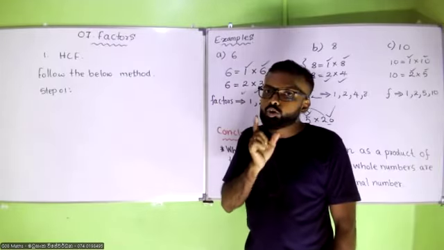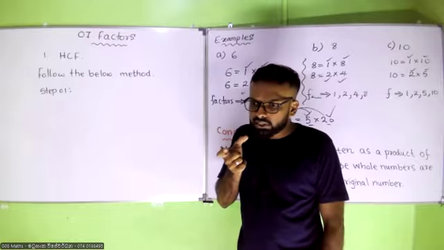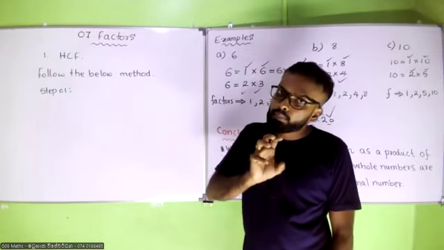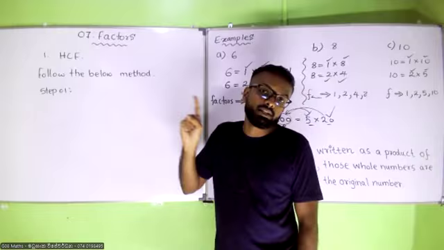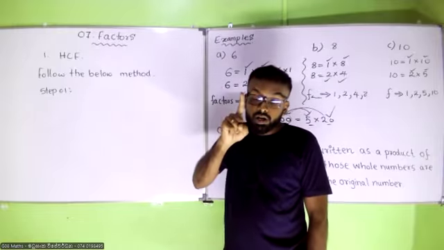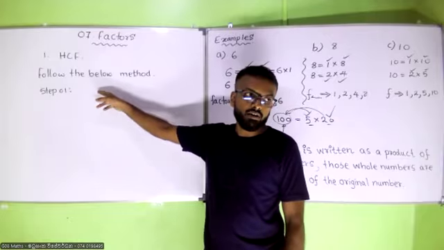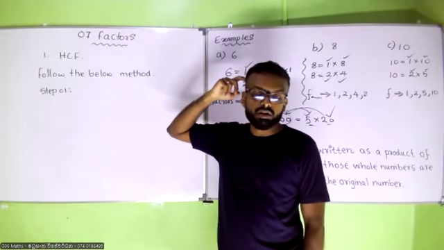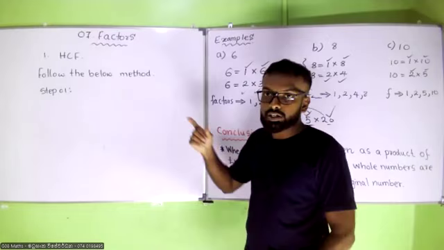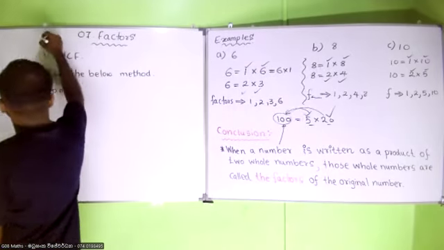if you want to obtain the highest common factor of those numbers, first of all, you need to represent those numbers by using the prime factors, product of prime factors. Already I have given these things in the tutor, in page number 2.